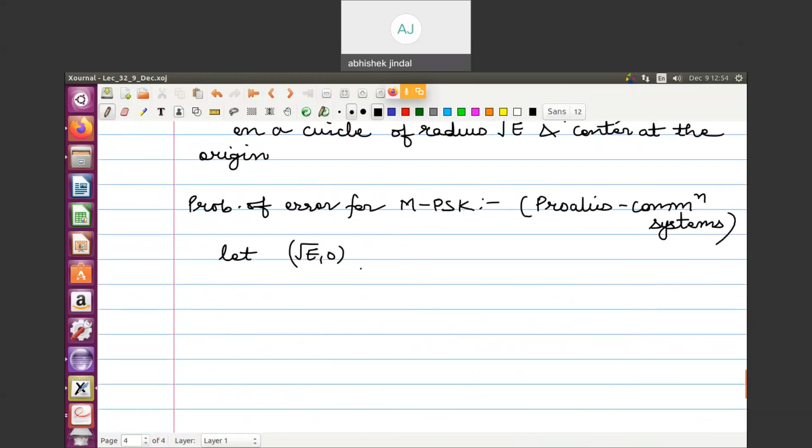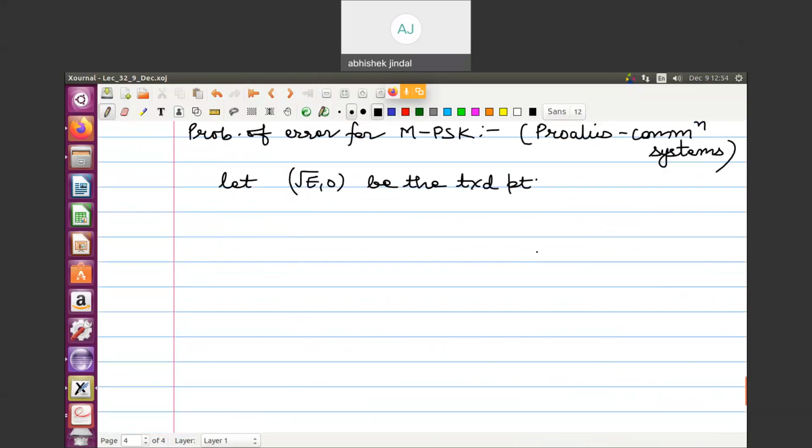So let this E comma 0 be the transmitted point. If this is the transmitted point, what will you receive? You will have root of E plus n, and r of t is n. This is the received point.